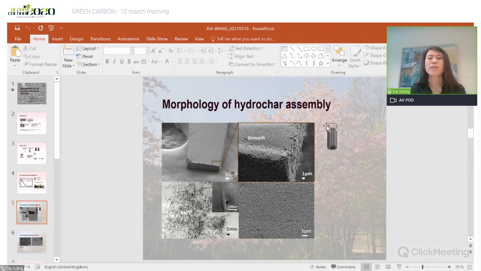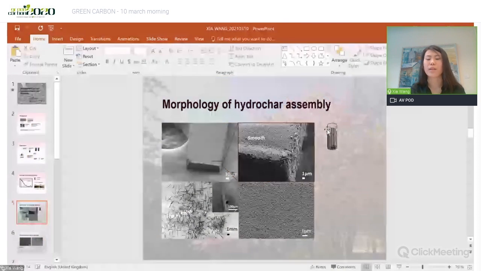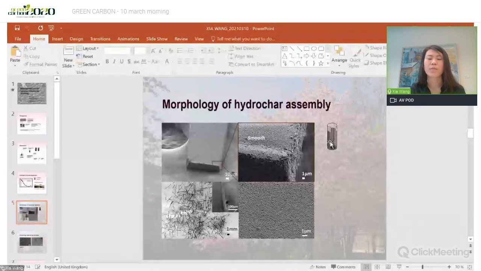So with these assemblies formed along the drying direction on the glass surface, we took some pieces from the glass wires and tried to look at them under the microscope.